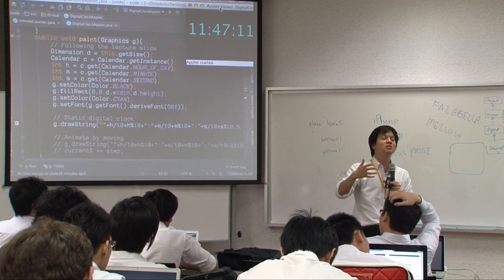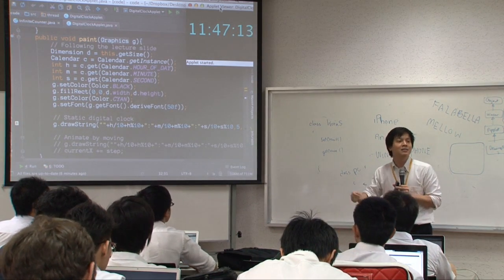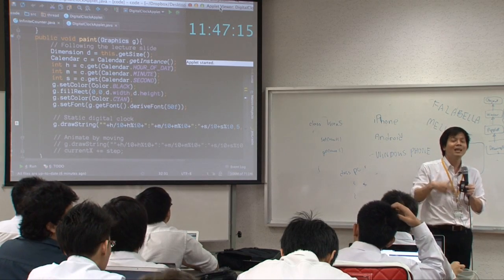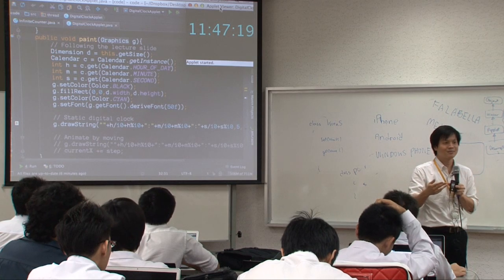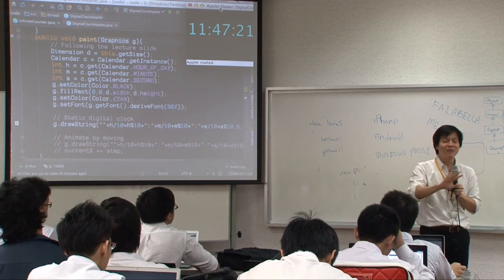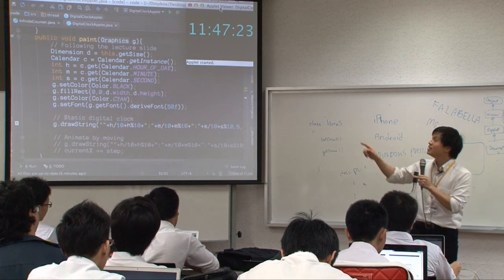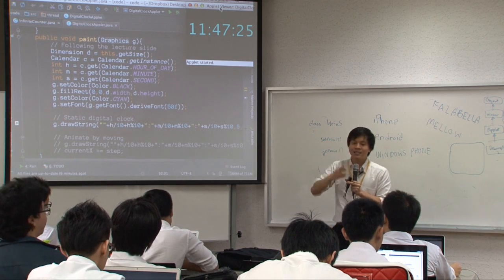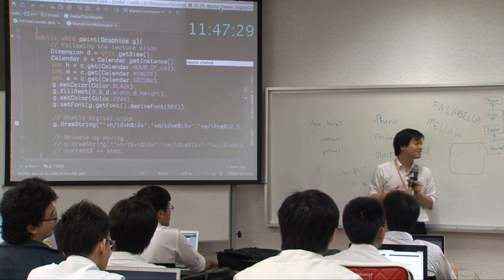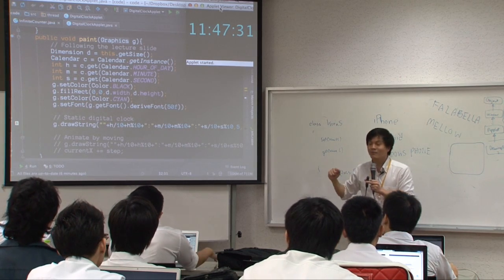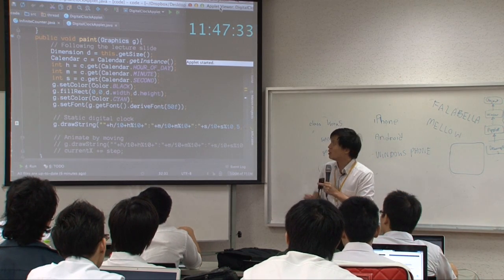So if you go into the JavaDoc and you seem to like some method, but it says deprecated, do not use it. Find alternatives. I'm not sure about Java 7, but at least the alternative method stays for a while, right?